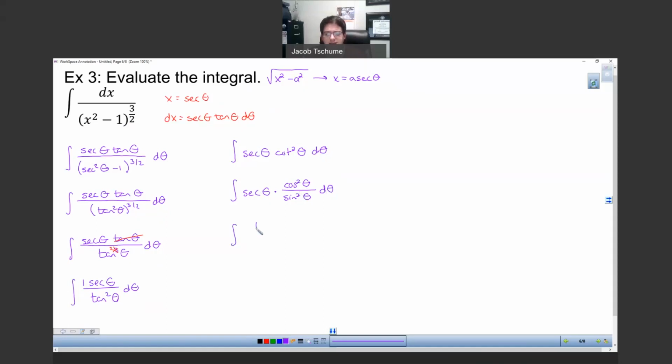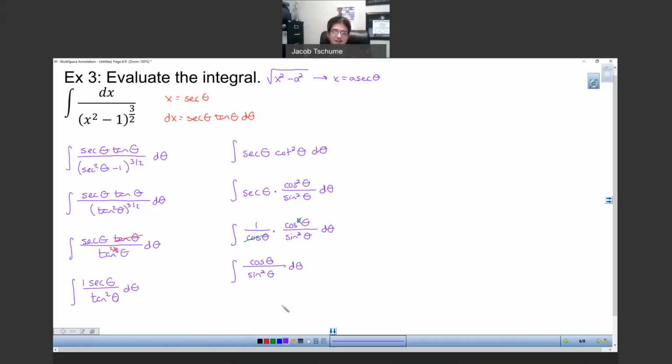I know that secant is 1 over cosine, so let me also substitute that in. I'm just trying to play around with this so I can get something to cancel. And the first thing I see finally cancels. This cosine on the bottom cancels one of the cosines on top, and we are now left with a cosine theta on top and a sine squared on the bottom.